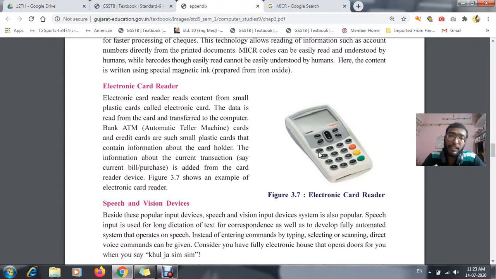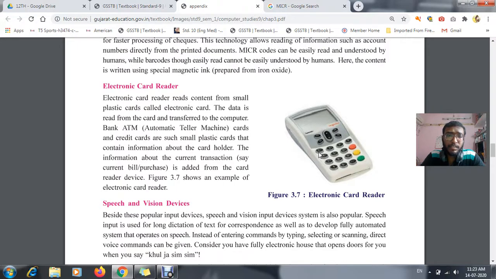This machine is known as your electronic card reader. It is specially used for detecting cards, whether credit card, debit card or any kind of card.